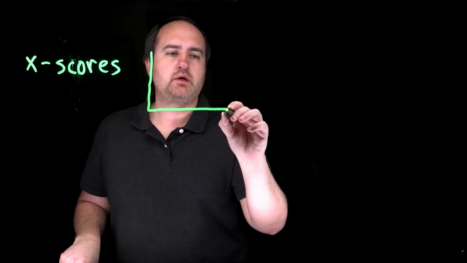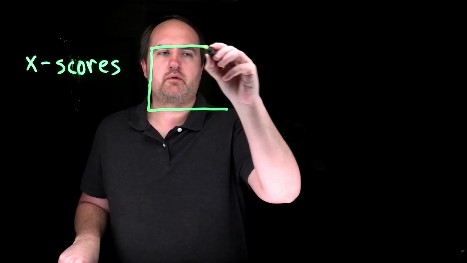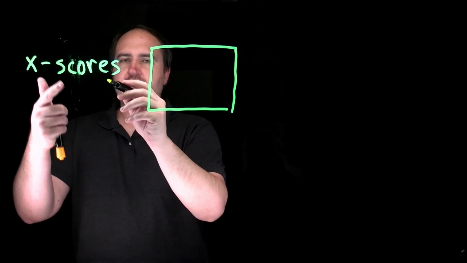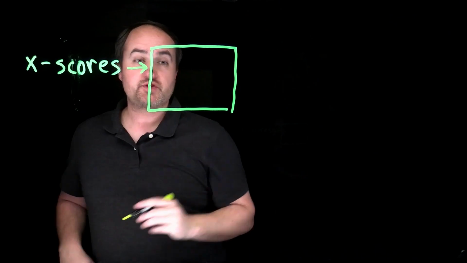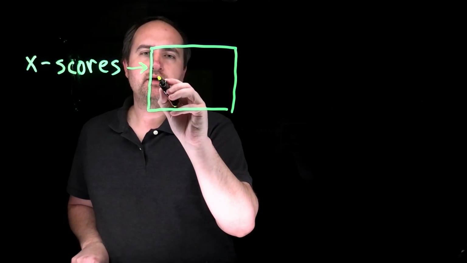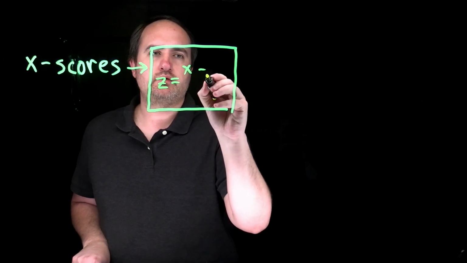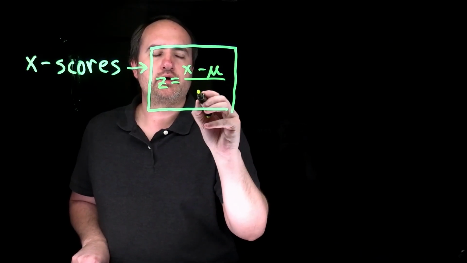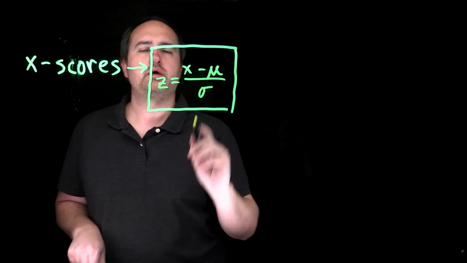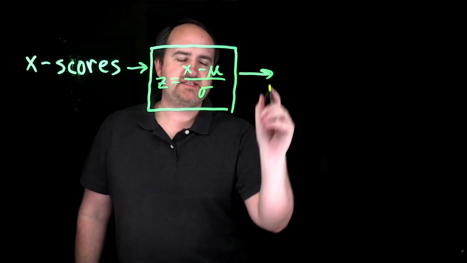Let me show you what I mean. You start with an x-score. You use the conversion formula, z equals x minus mu all over sigma. And then this gives you z-scores.